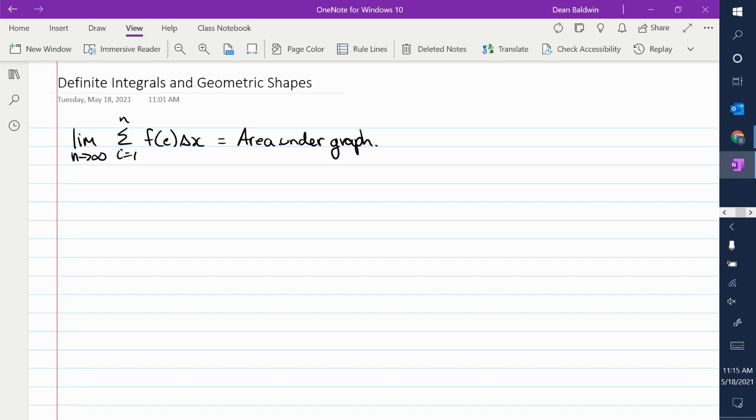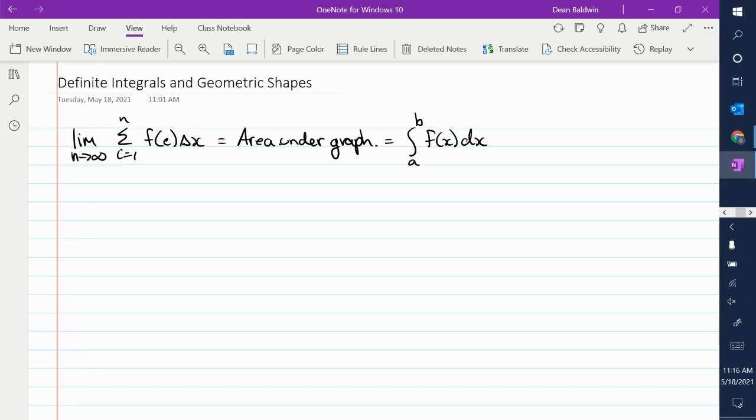That was easy to see. The big breakthrough here is that the area under the curve is equal to the integral of that function. That was the big breakthrough.